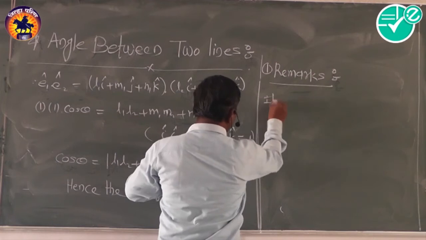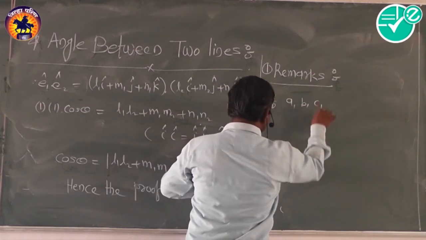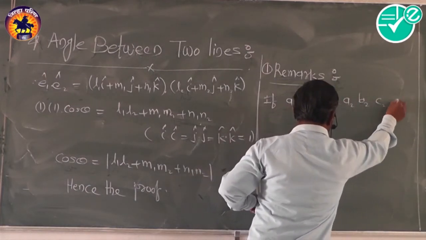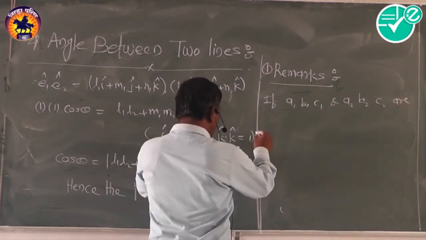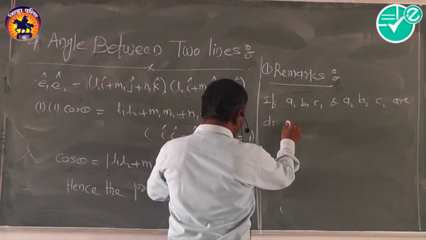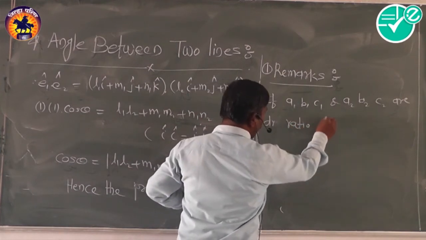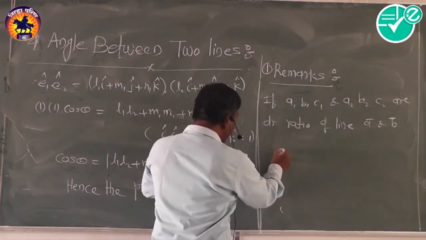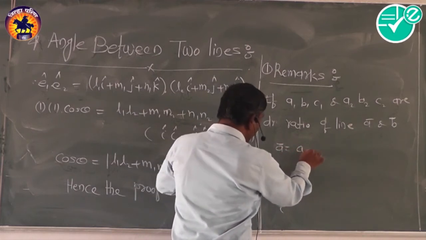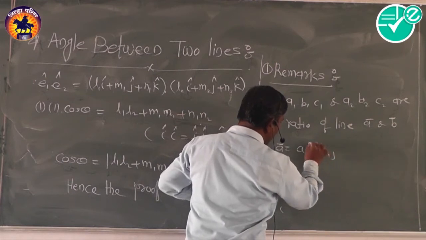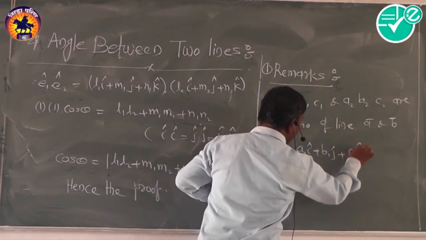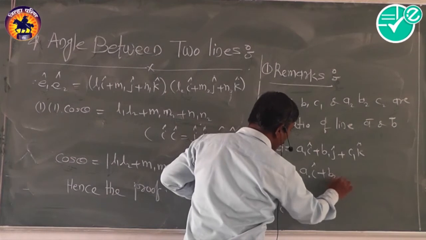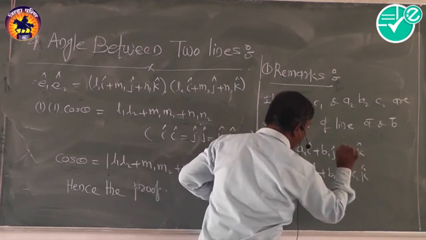If A1, B1, C1 and A2, B2, C2 are the direction ratios of the lines A bar and B bar, then A bar is equal to A1 I cap plus B1 J cap plus C1 K cap, and B bar is equal to A2 I cap plus B2 J cap plus C2 K cap.